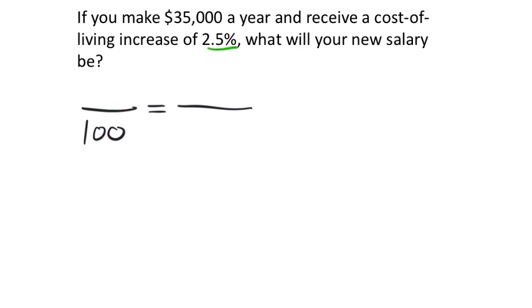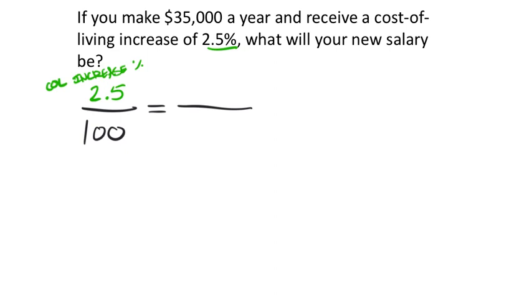So on this one, they did give us the percent of increase, which is 2.5%. Again, I don't need the percent symbol with that because it's already showing per 100 in the fraction. And that represents the cost of living increase, so we'll label it the COL increase as a percent specifically, okay?